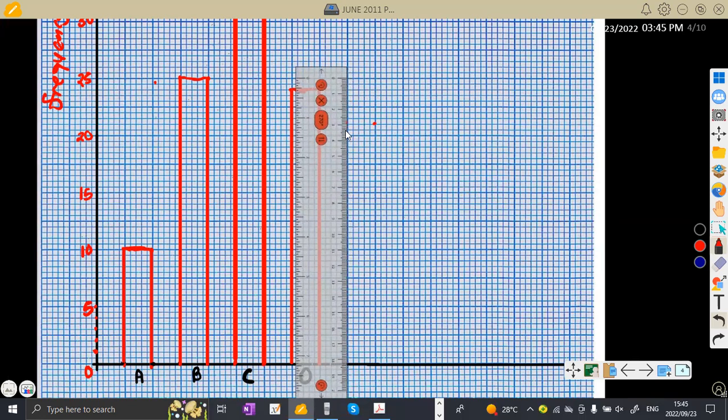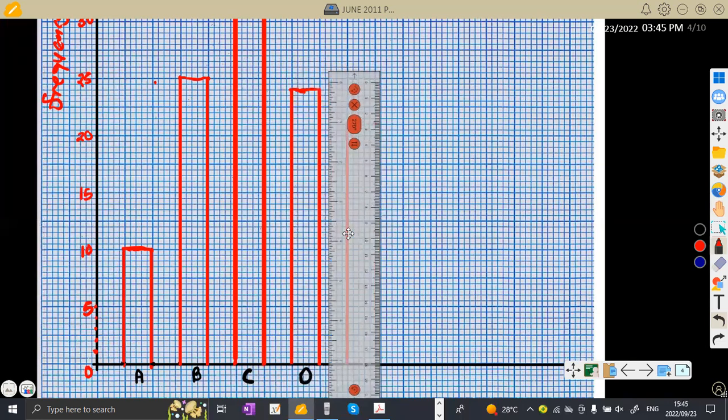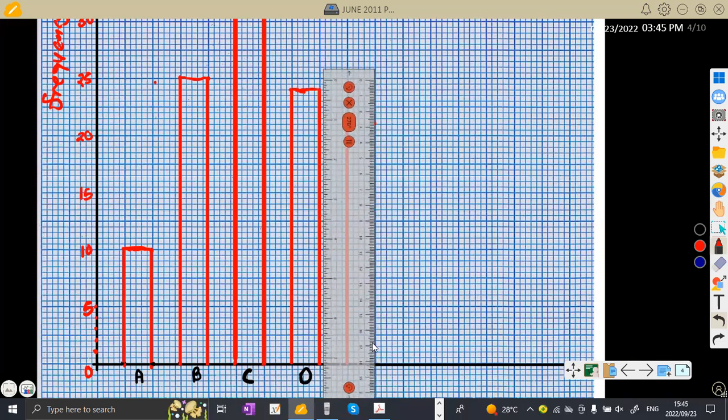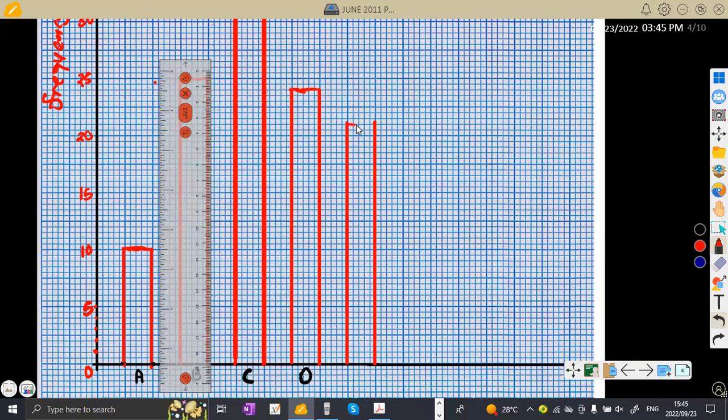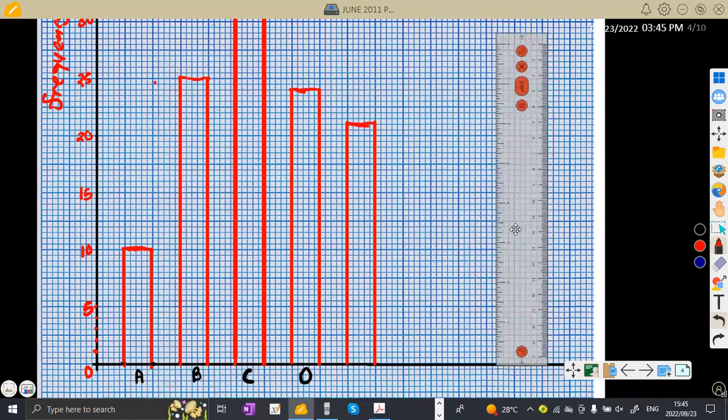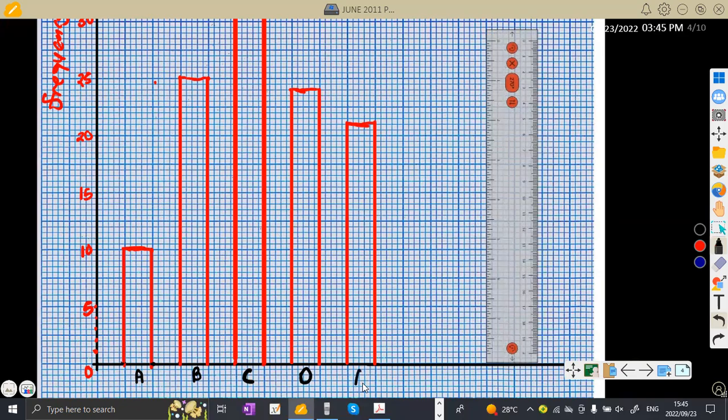So maintaining same thickness of the bars and also separating these bars with the same distance throughout. So they will be separated evenly. So that's how your bar chart is going to look like. You join them properly, guys. Then we say this is our grade E.